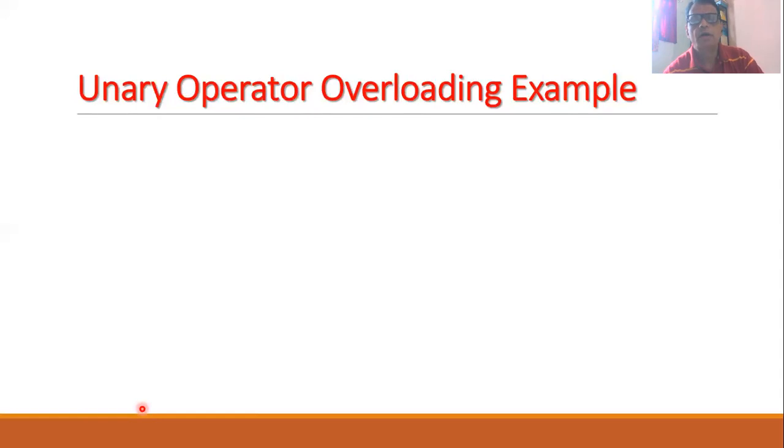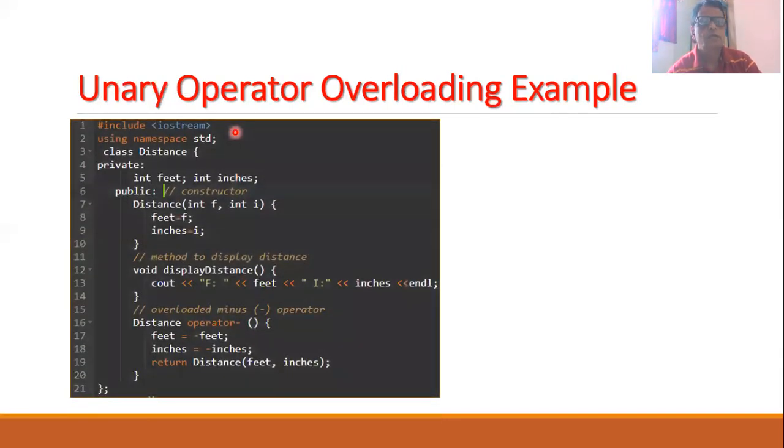Now we will go for the first example, and in this example we will overload a unary operator first. Suppose this is the program. Initially we have included the input output stream header file using the namespace standard.